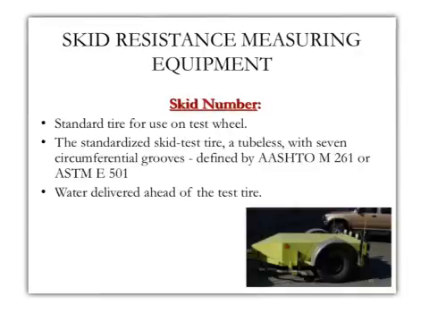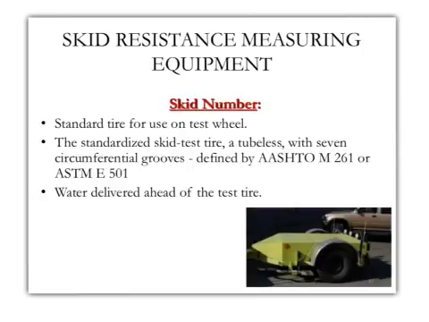So basically here this is the tire. It's a standard tire that we use on the test wheel, and the standardized skid test tire has to be tubeless with 7 circumferential grooves, and all of the information regarding the tire configuration is defined in AASHTO M261 or ASTM E501. That gives you exact standards on how to use those tires.